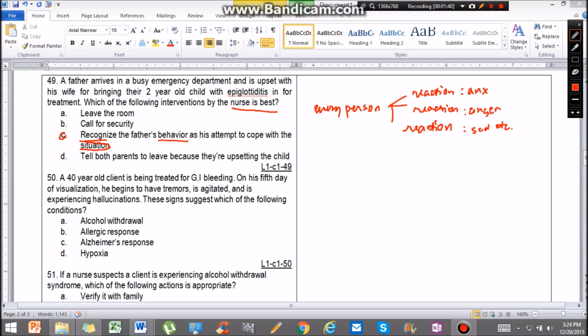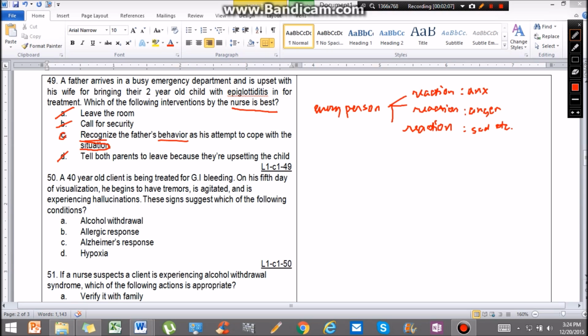That's why letter C is the best answer. Calling the security will further agitate your client. Leaving the room is like neglecting the client. And letter D, tell both parents they should leave, is not a good thing to do. It's derogatory and demeaning and discriminating. Next, number 50.